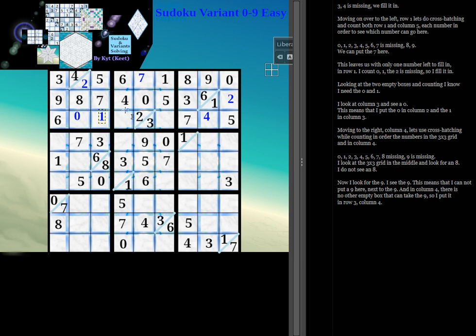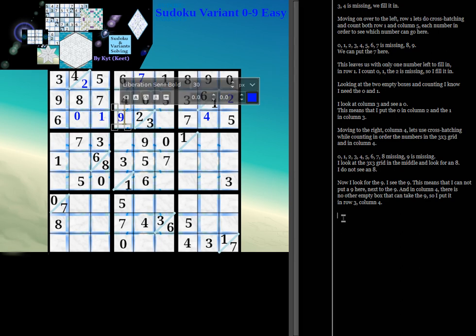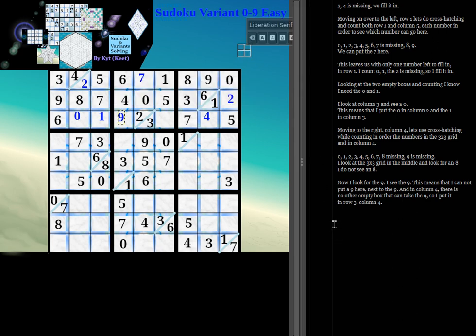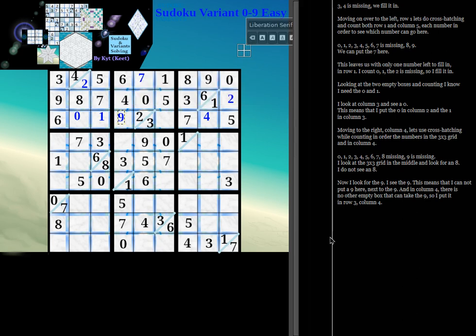So I put it in row 3, column 4. I can now put in the 8, as that is the only number left in this 3x3 grid.